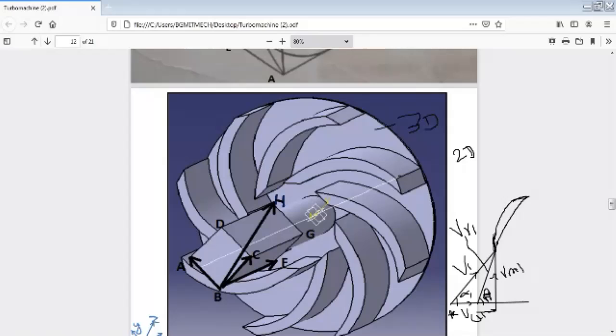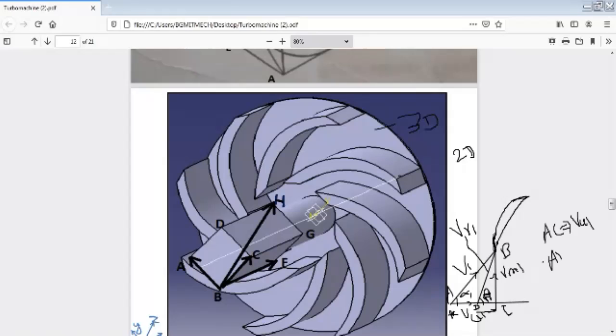So here A, B, C and this one D I will write here. So A to D, A to C is the VU1. Now the distance, that is AD, what is that?